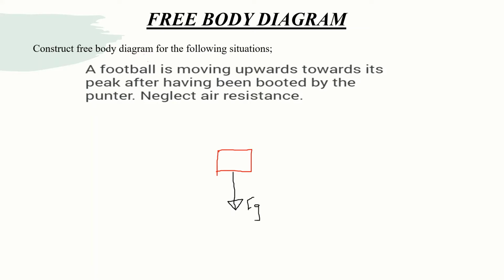Now, in this case, there will be no frictional force, there will be no applied force, there will be no normal force. There will be no normal force because there was no force strong enough to keep the ball at its peak. When the ball got to the peak, the ball drops.